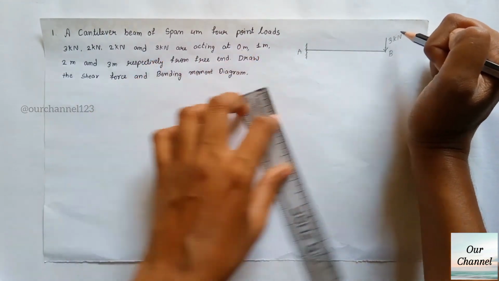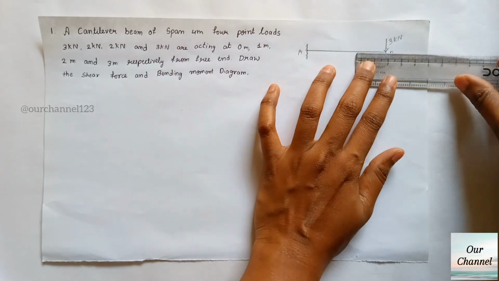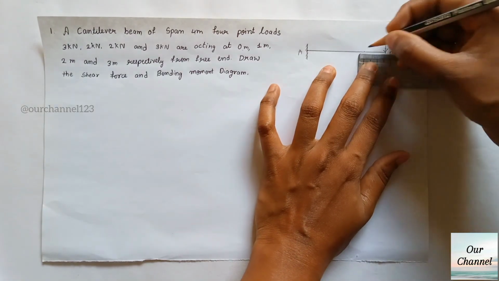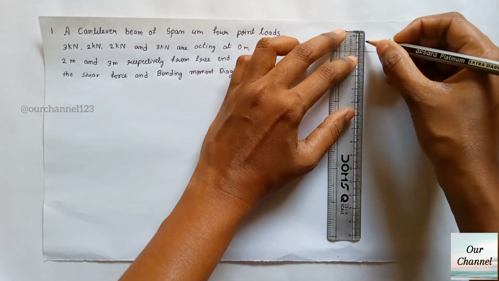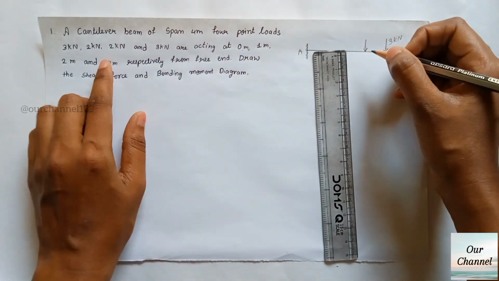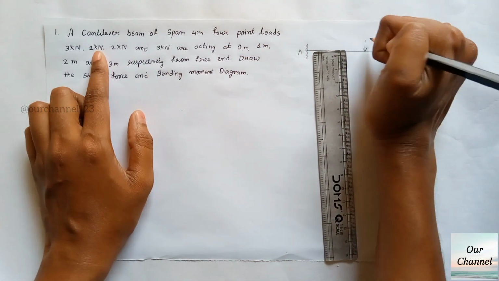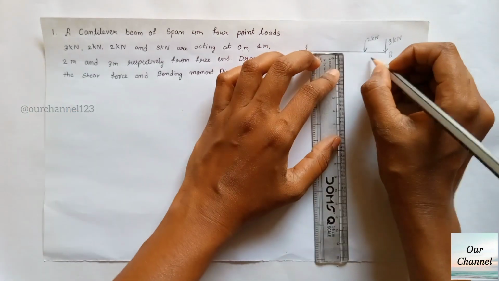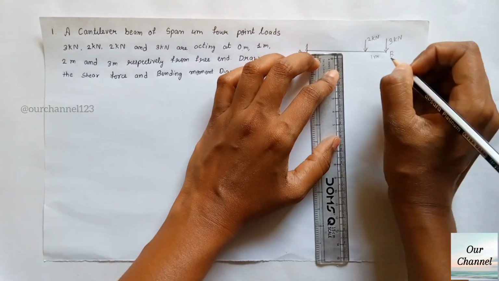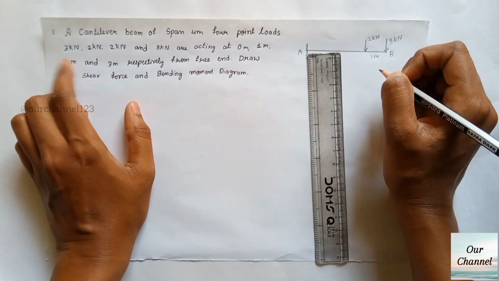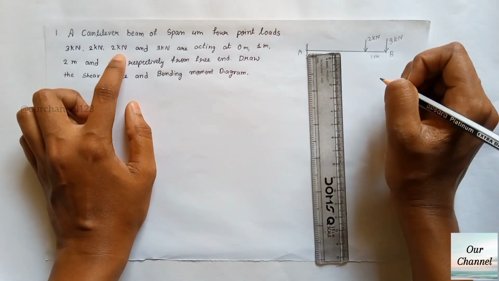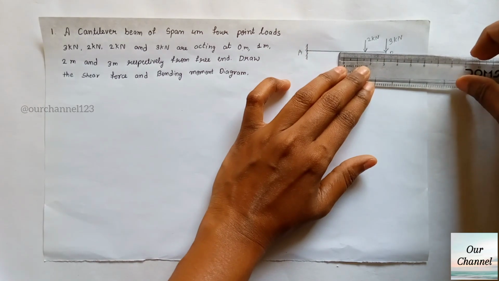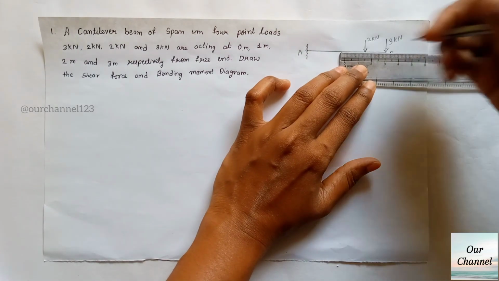Next point load 2 kilonewton is at 1 meter from the free end, so mark a point as 1 meter from the free end. 2 kilonewton. The distance is 1 meter from B. Next point load 2 kilonewton is at 2 meter from the free end, so mark a point.